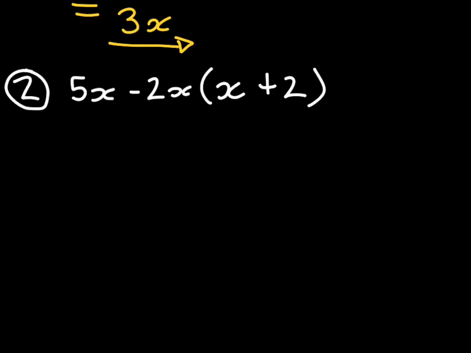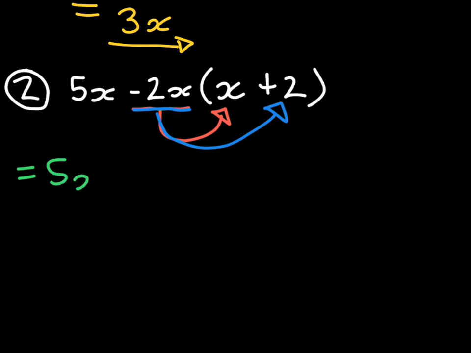For question number 2, we're once again asked to simplify the expression 5x - 2x(x + 2). Once again, we're going to need to multiply this minus 2x by the x, as well as this minus 2x by the positive 2. So we can start off. The 5x has nothing to do with the multiplication.